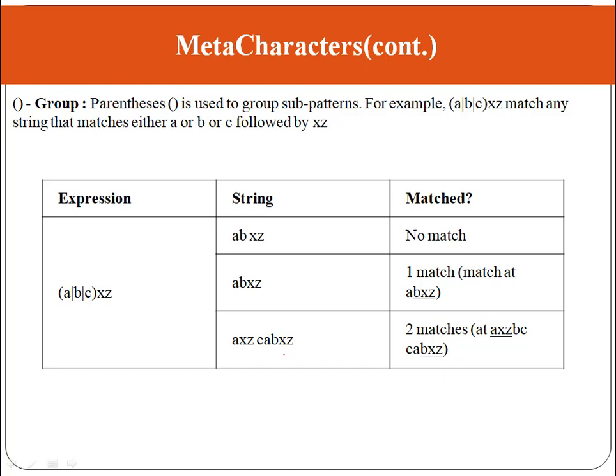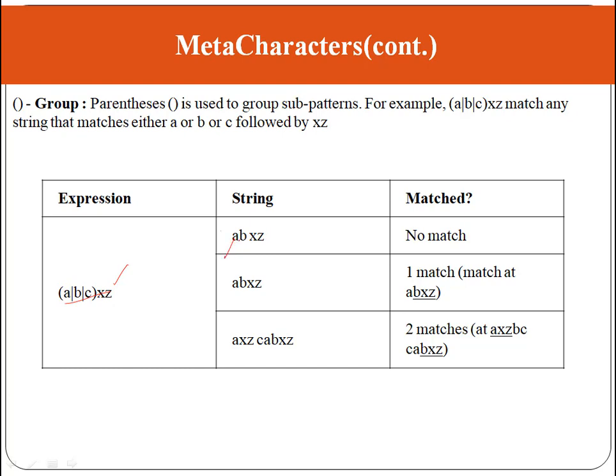Then grouping using parentheses. Parentheses are used to group sub patterns. For example, you have put A, pipeline symbol B, pipeline symbol C in open and close parentheses, and then XZ. This matches any string that matches either A or B or C followed by XZ. Now this is the pattern that we want to use, and these are the search strings.